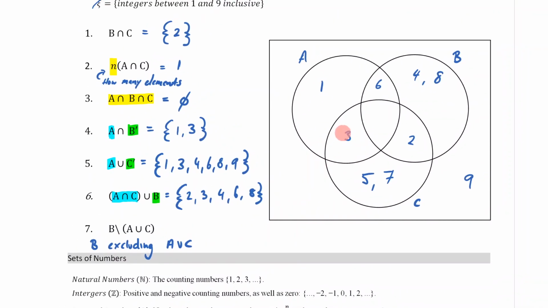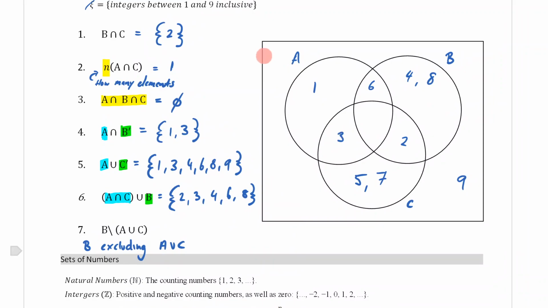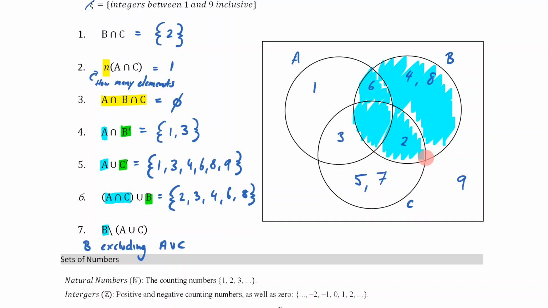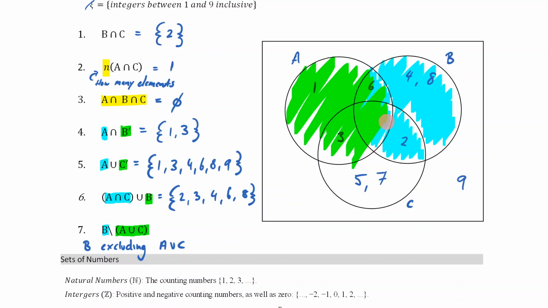All right, so let's consider this for a moment. I'll use my colors because that's helpful. Let me highlight B. So B, I have all of this. I have this, I have this, I have this. So I've highlighted everything in B. Then I'm going to highlight A, the union of C. So A, the union of C will be all of this, won't it?